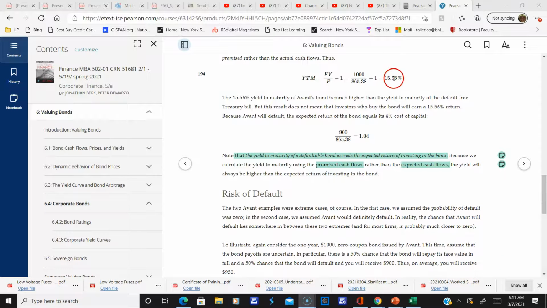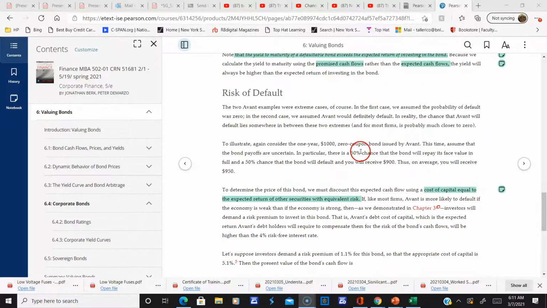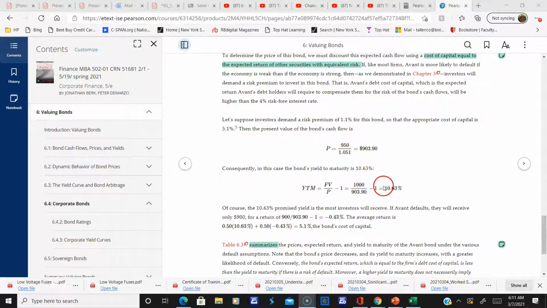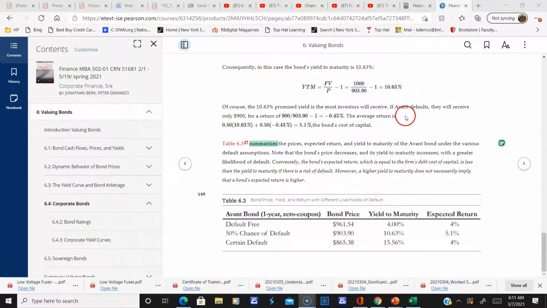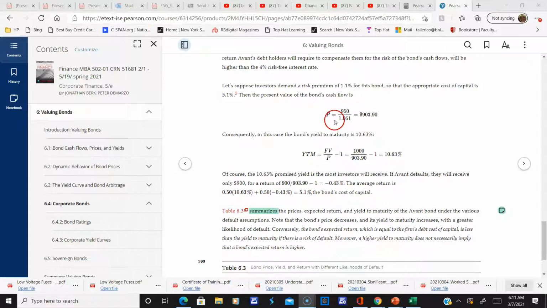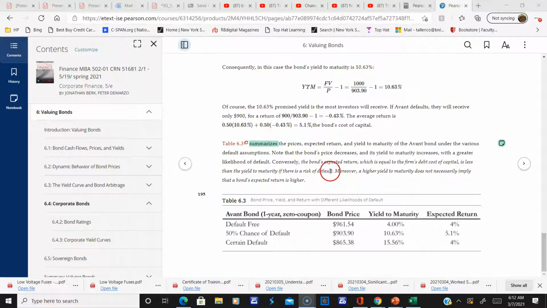So we had a return of 15.64%, and then we had a return of 10.63, which I think was kind of in the middle, right? So to summarize those three examples of default, bond price, yield, and return with different likelihoods of default, right? So that's kind of what we were doing.